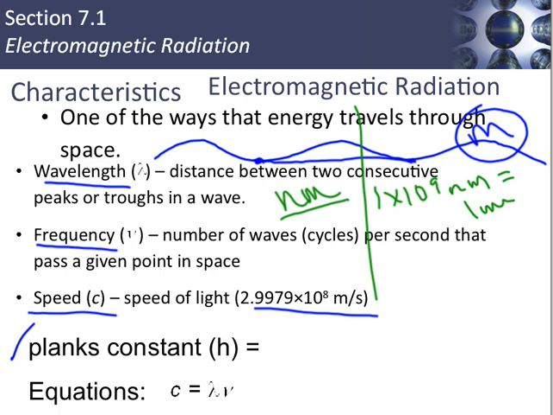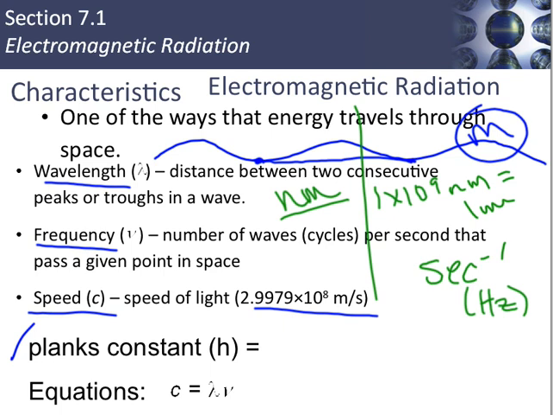The units on this freak people out. It's per second, 1 over seconds. This is also known in the radio world as hertz. When you tune into a particular frequency on your car radio, that's what you're tuning into, the frequency. So 98.7 is a frequency.